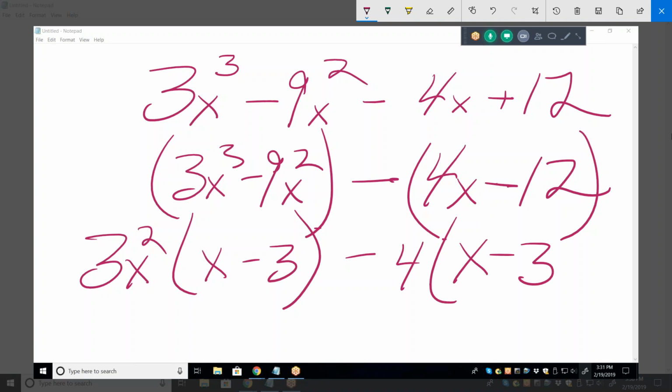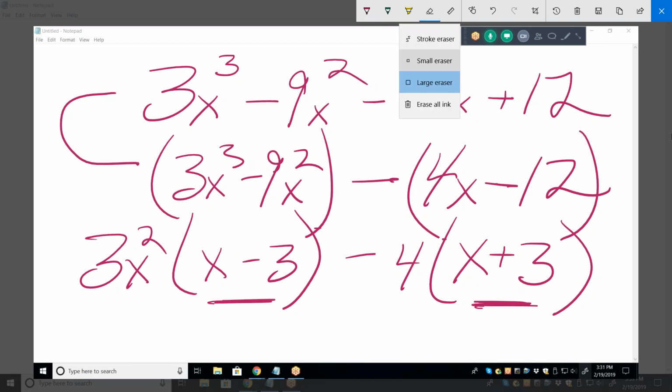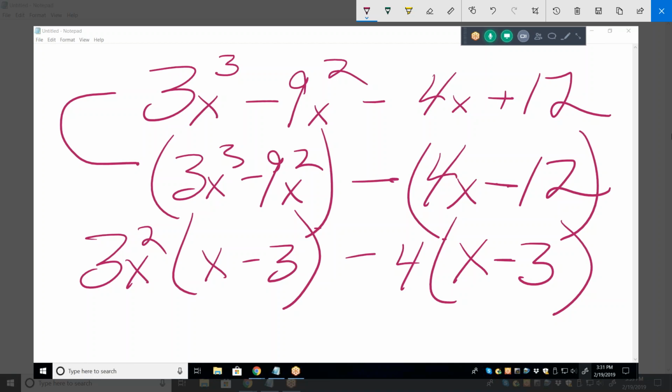Now, before you go forward, if you've made a mistake in your signs in going from step 1 to step 2, it will show up in step 3. In other words, what you'll end up with is a plus sign there. So if you end up with that term not being the same as that term, you know you've made a mistake. And the only mistake that everybody makes is the sign on that term. So make sure when you get to step 3, you've got two binomial terms that are the same.